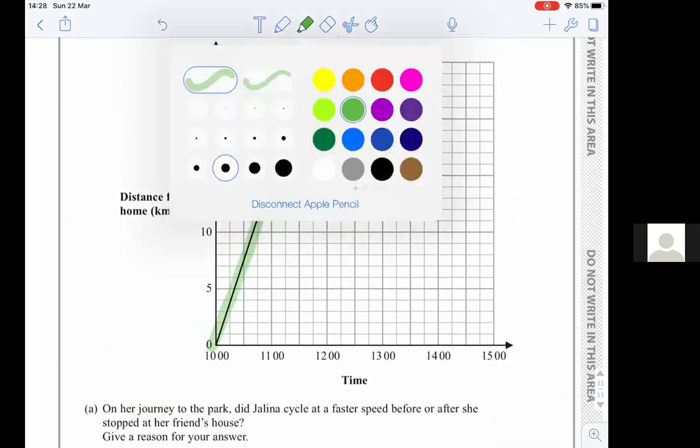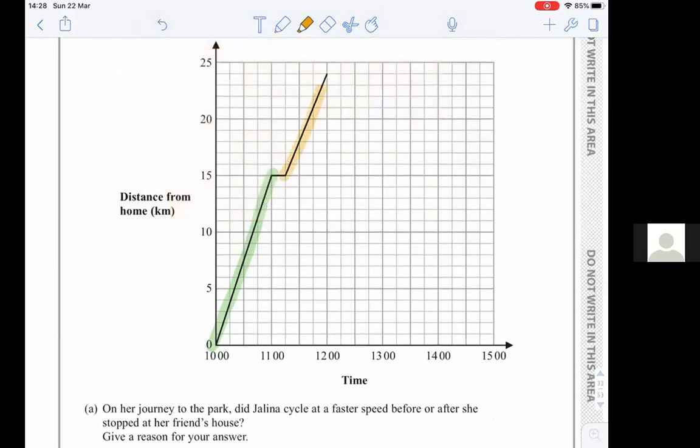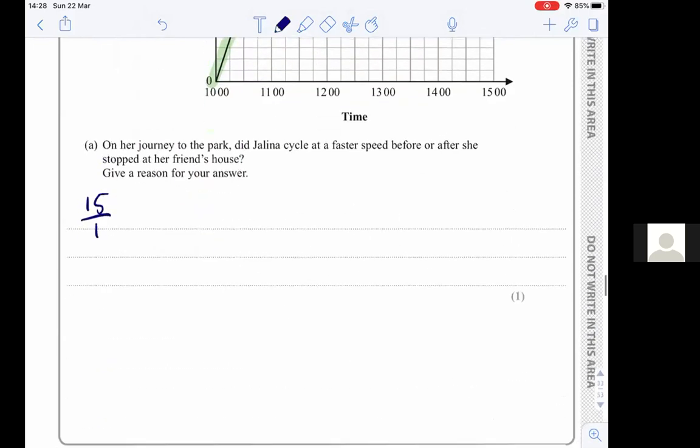Whereas in our second part, we are traveling 9 kilometers in 3/4 of an hour. So our gradient for the second part is 9 over 0.75. And if we work that out, that comes to 12.